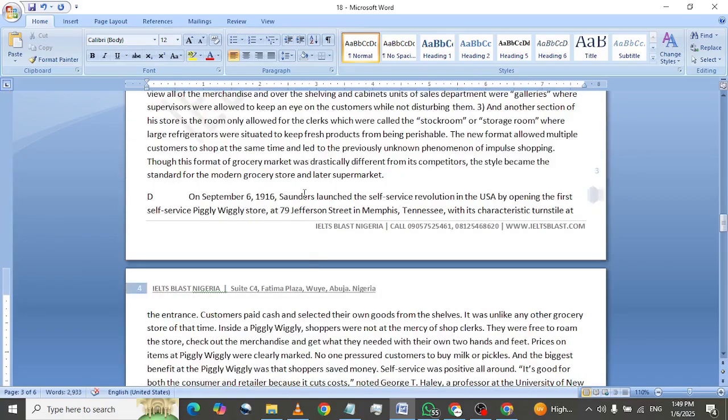They said, blah blah blah. Saunders launched the self-service revolution in USA by opening the first self-service Piggly Wiggly store at 79 Jefferson Street in Memphis, Tennessee, with its characteristic stencil at the entrance. Customers paid cash, selected their goods from the store.